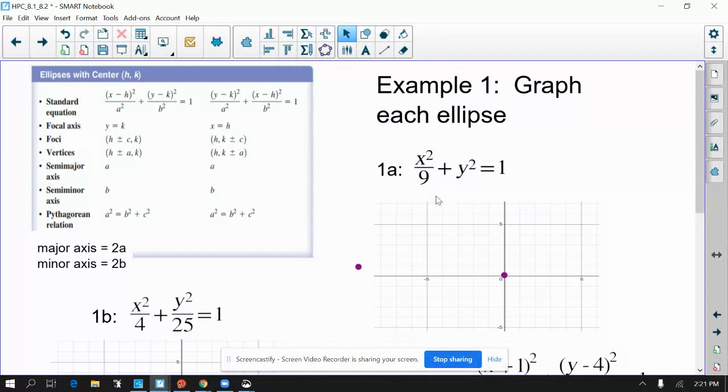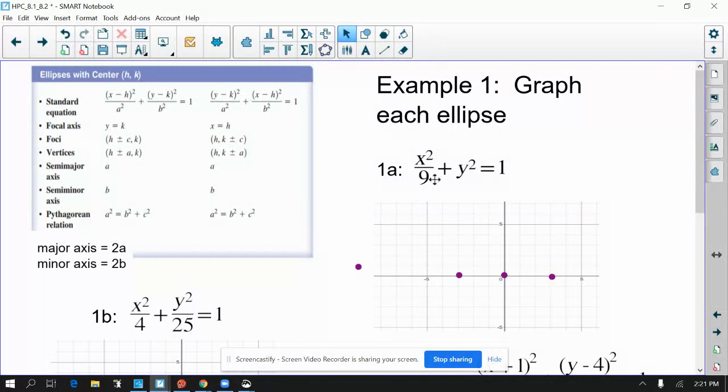Remember, A is always bigger, so I'm dividing by A squared and B squared. So 9 is A squared, which means A is 3. Since it's underneath the X, I go 3 to the left of the center and 3 to the right of the center. These are my 2 vertices.